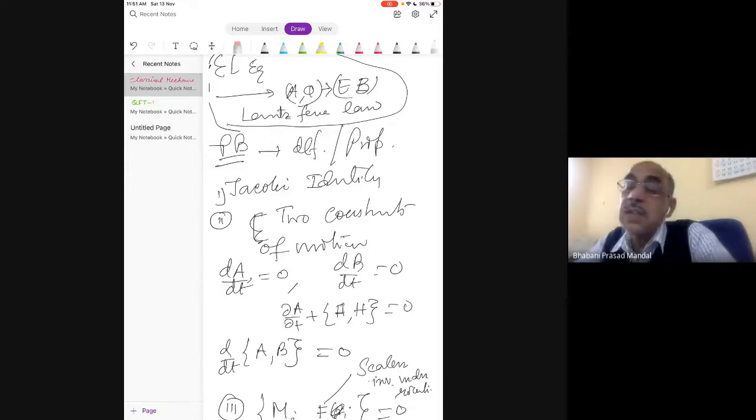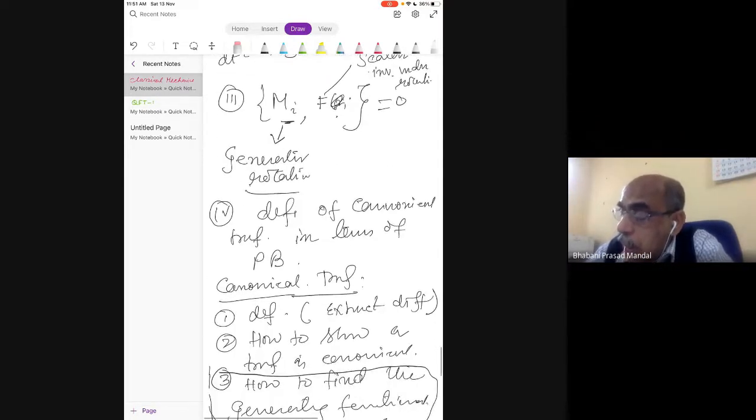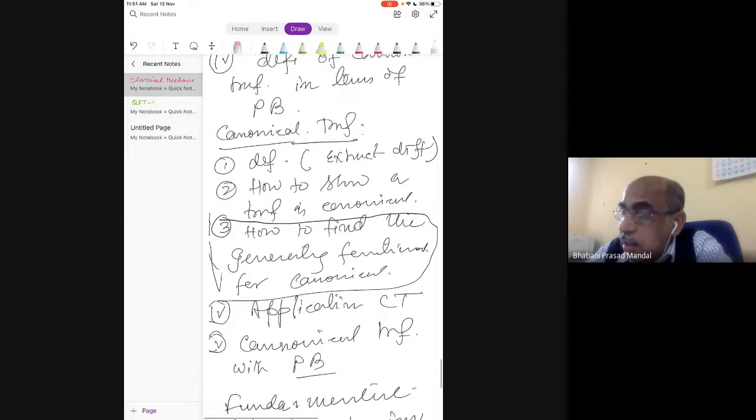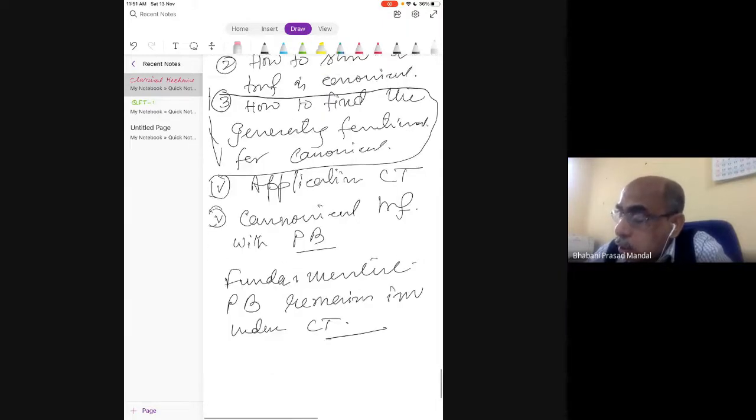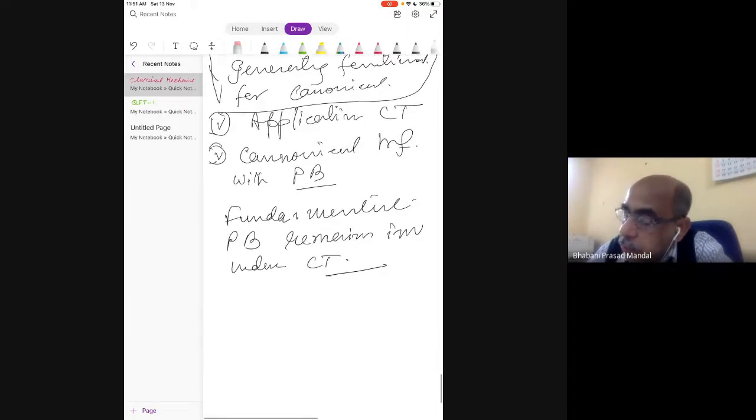I think 4 classes we will definitely get, and in 4 classes I'll be able to finish your 2-body central force problem. That will conclude your syllabus. And if you have any difficulties regarding the Hamiltonian, Poisson bracket, canonical transformation, or any topic, you can have a tutorial class or doubt clearing class to eliminate those.